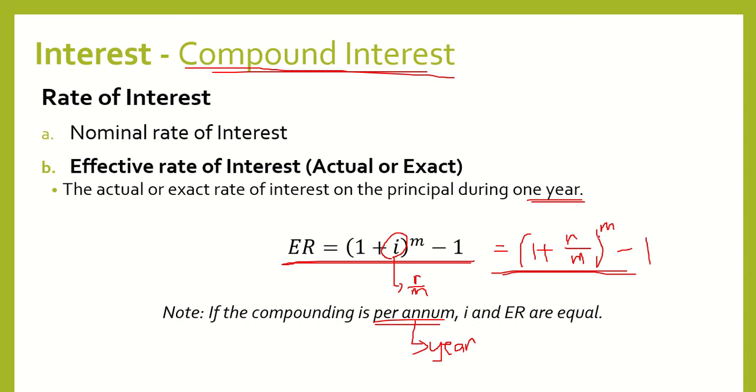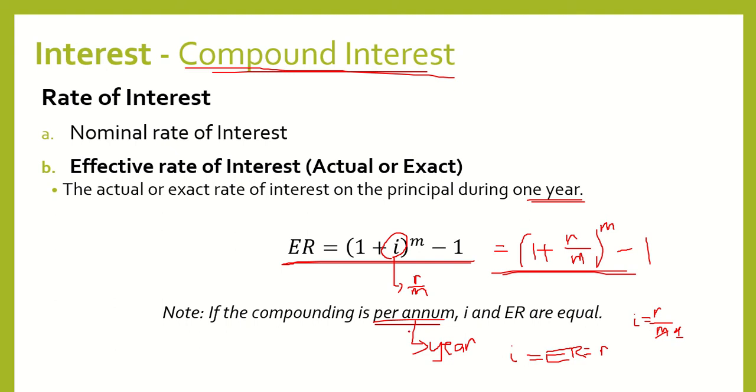When M is equal to 1, if you substitute the values here, you have 1 plus R minus 1, so the 1 will be eliminated, and what is left is R. Since I is equal to R over M, and your denominator is equal to 1 if the compounding is per annum, then your ER, your R, and your I are all equal.